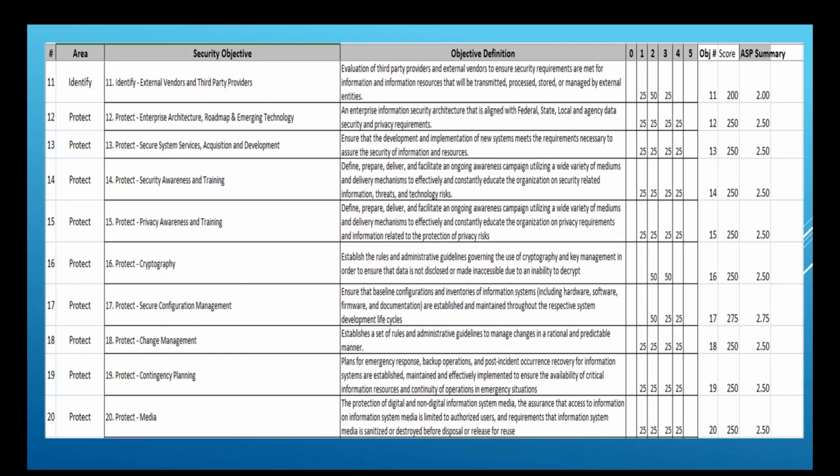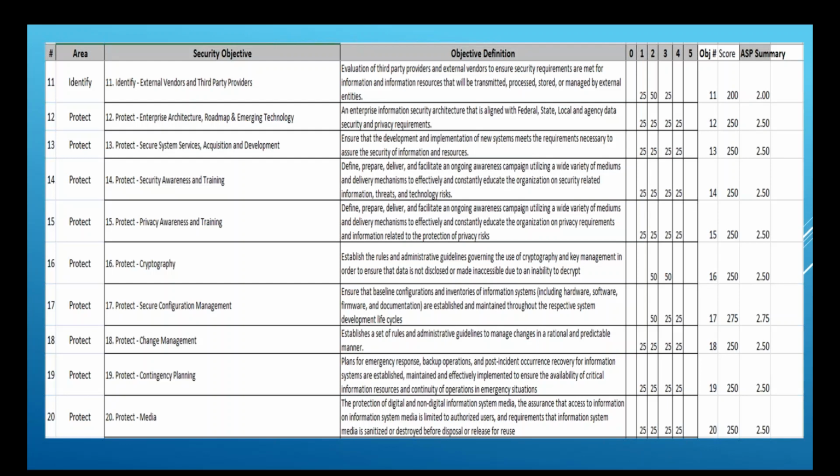But I also scored 50% or 25% in level 3 because we are indeed measuring that compliance, and I gave us 25% in level 4, that we're going above and beyond what's regulatory and mandated for us to do.